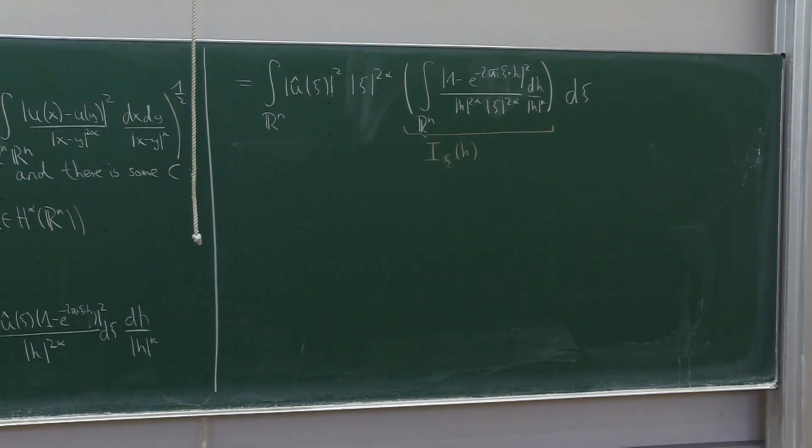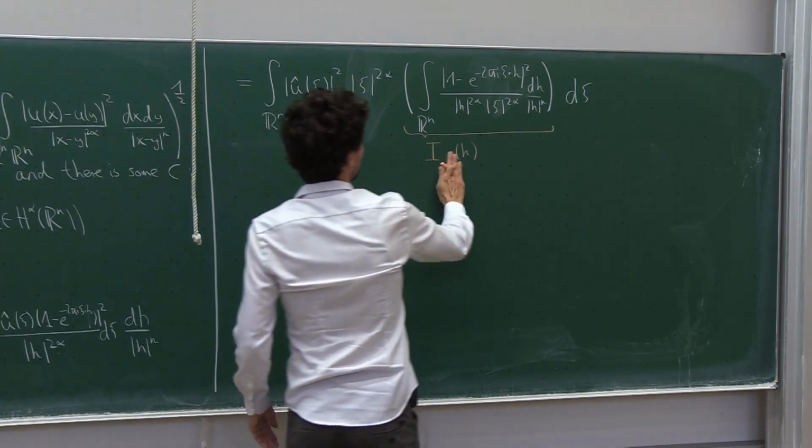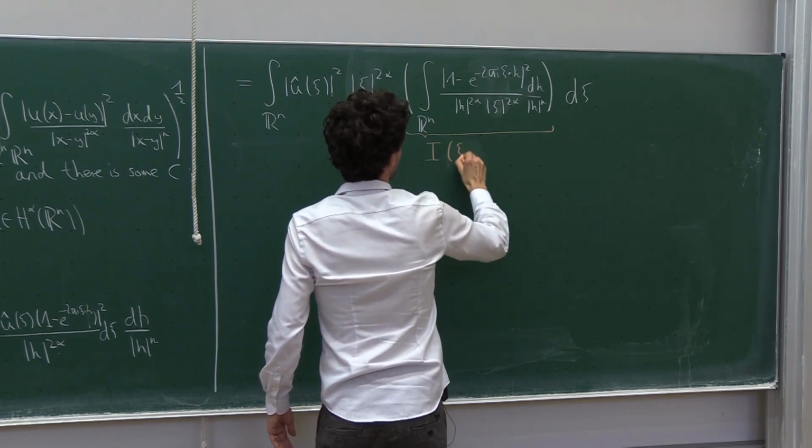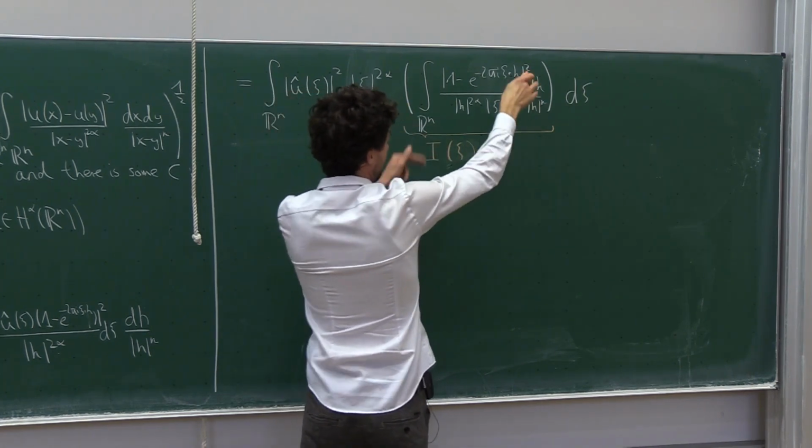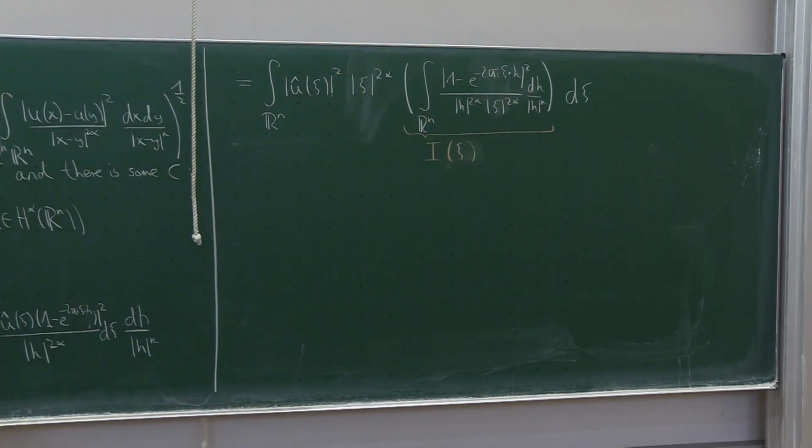And now I have to prove that this I function is, this is what? This is just a function of psi. This whole thing is a function of psi, the h is the inner variable that is integrated away. Okay, so I have to prove that I of psi is constant.